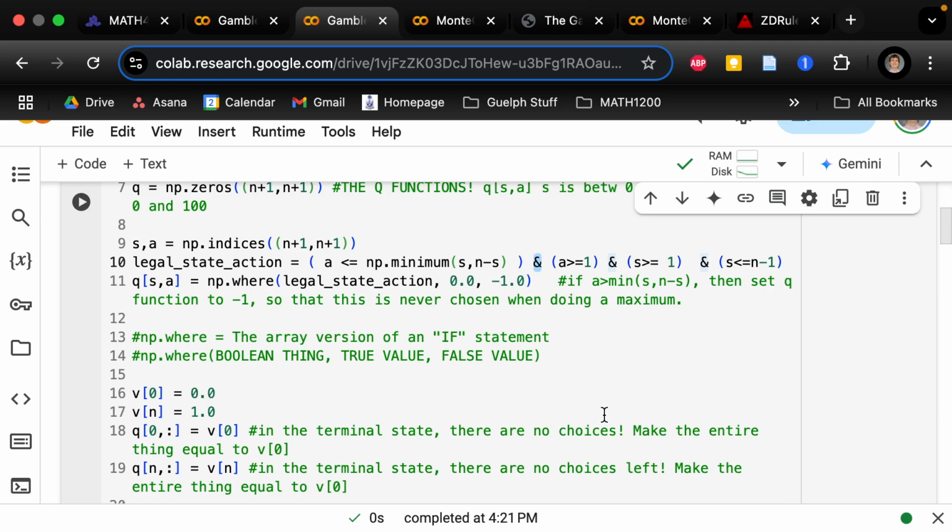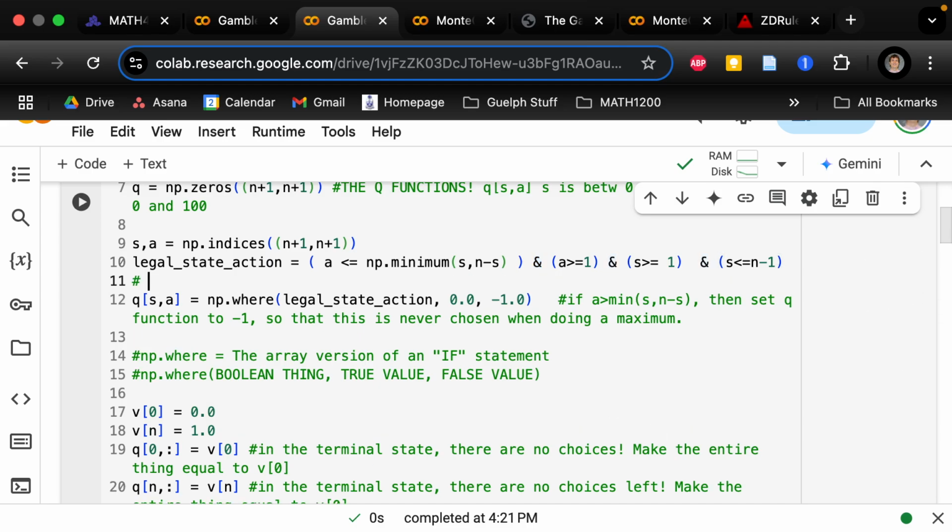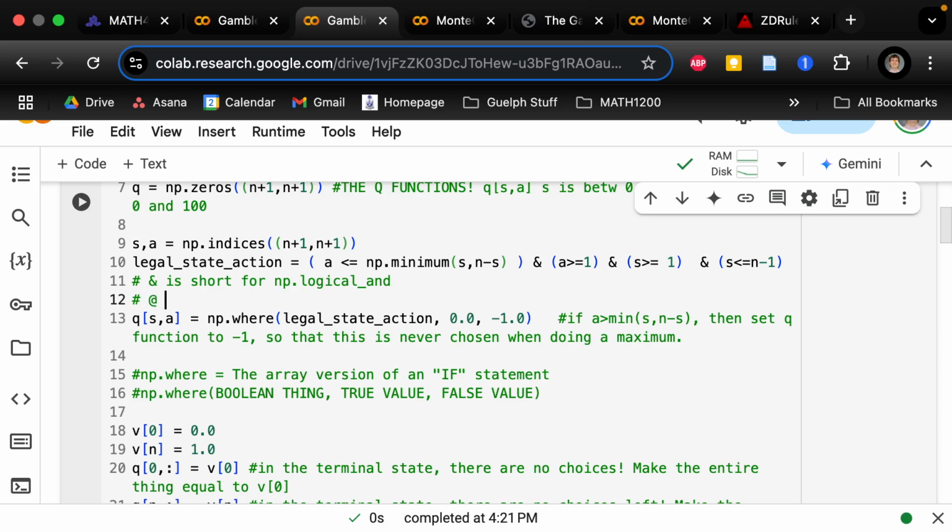And so and is short for, yeah, this is a great question. So & is short for np.logical_and. And similarly, another one that we used was @. That @ was short for np.matmul. So these little symbol commands, they're short for different specific NumPy commands.